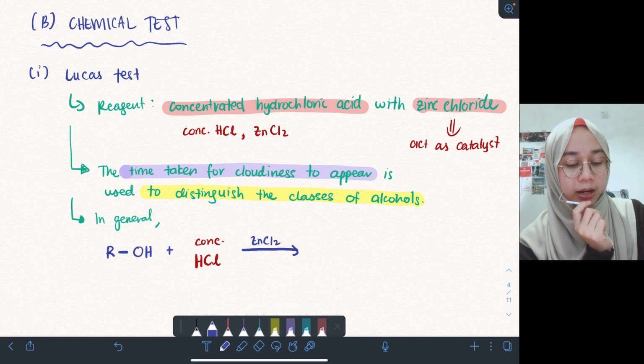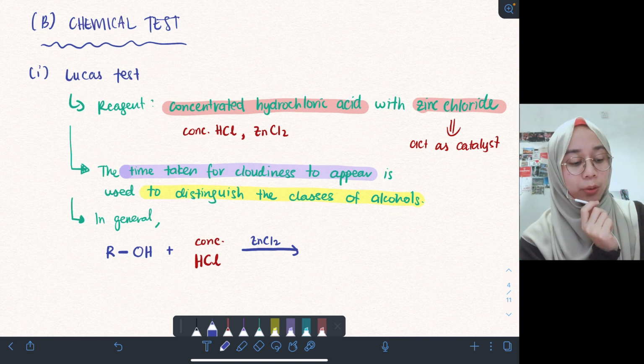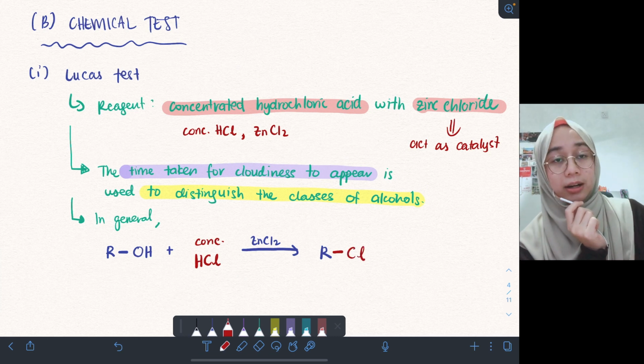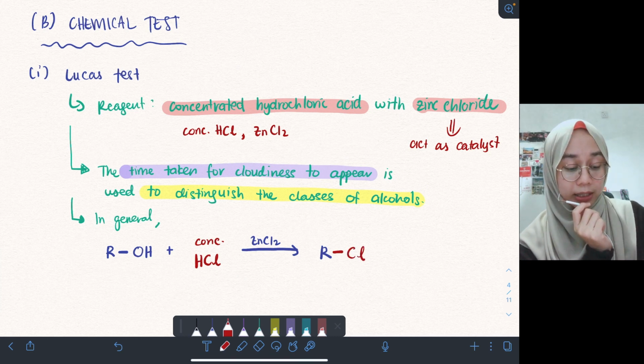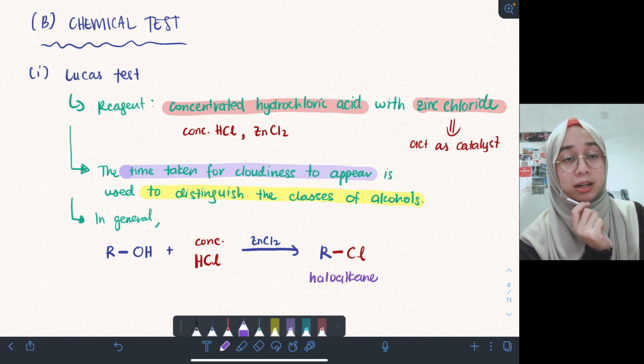And then hasil dia pula, kita nak tengok hasil dia. So apa yang berlaku adalah dekat sini berlakunya substitution reaction actually, whereby OH tu nanti akan digantikan dengan Cl. Jadi kamu akan dapat RCl. Maksud itu adalah apa kelas? Itu adalah haloalkane. So kamu produce haloalkane.